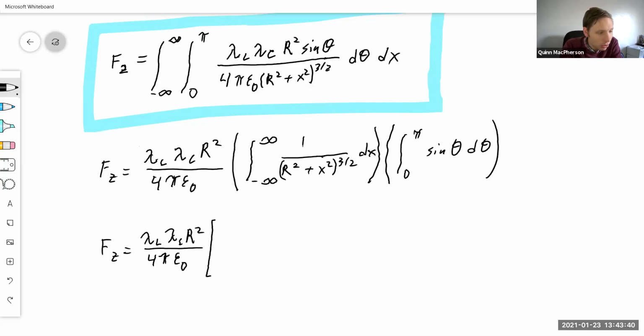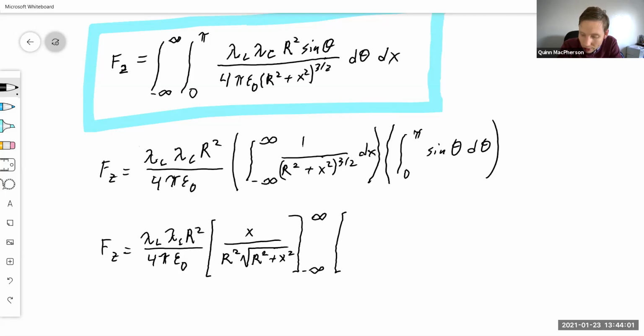And if you do that integral, you look it up, the answer turns out to be x over r squared square root of r squared plus x squared, evaluated at minus infinity and infinity. The other integral of sine is minus cosine. Even I know that integral. Cosine of theta, that gets evaluated at 0 and pi.